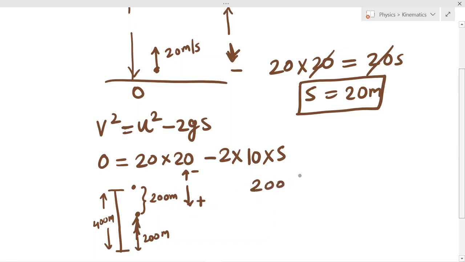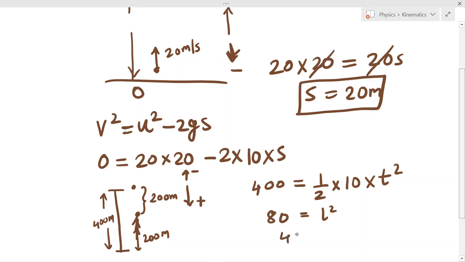So 200 is equal to u is 0, so half into, no, this will be 400 because we have to calculate the time taken to reach the ground. So this is half g t square. So this is 800 divided by 10 is 80 t square. So 80 is equal to t square.